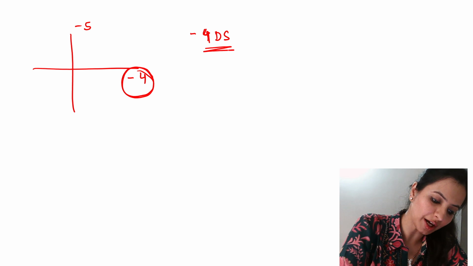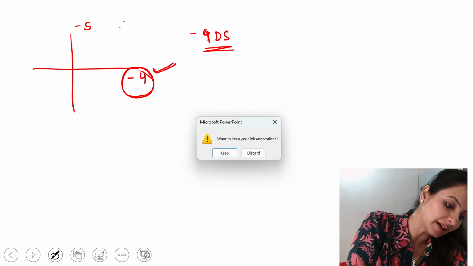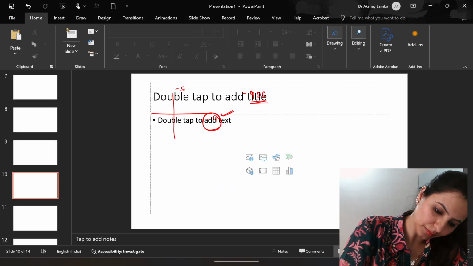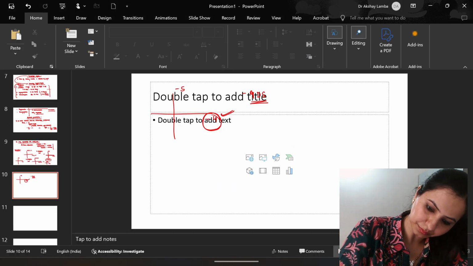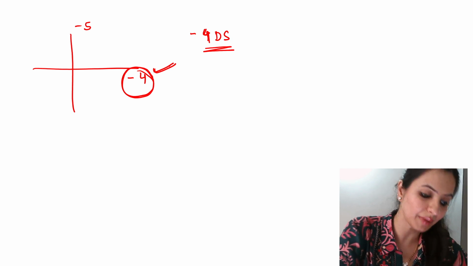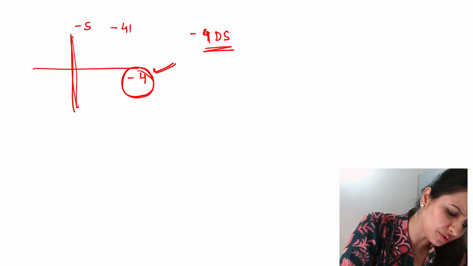This -4 diopter sphere will take care of the -4 diopter in the horizontal meridian, and for the vertical meridian also it will take care of -4 diopter.